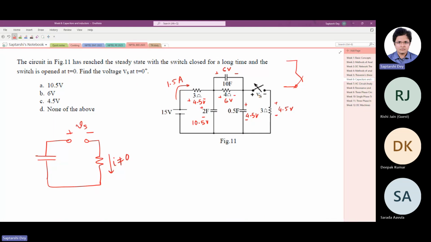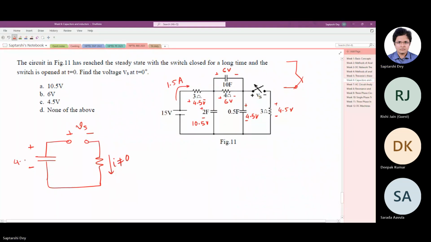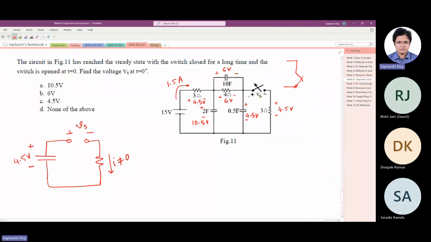Instantaneous element, it responds instantaneously. Now if this is 4.5 volt, definitely once you open the switch, again the voltage distribution, charge distribution in the capacitor changes and the whole circuit goes towards the new steady state.